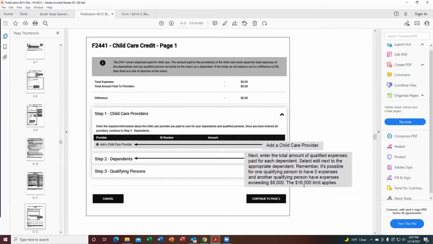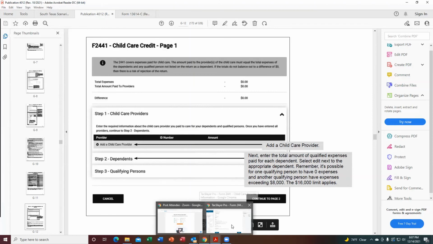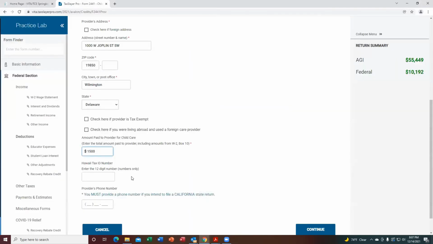I want to say this is one that I believe it's now 50% that is refundable. And so again, this area has seen a significant change as we're looking at this next tax year. Okay, so $1,500, and we continue.